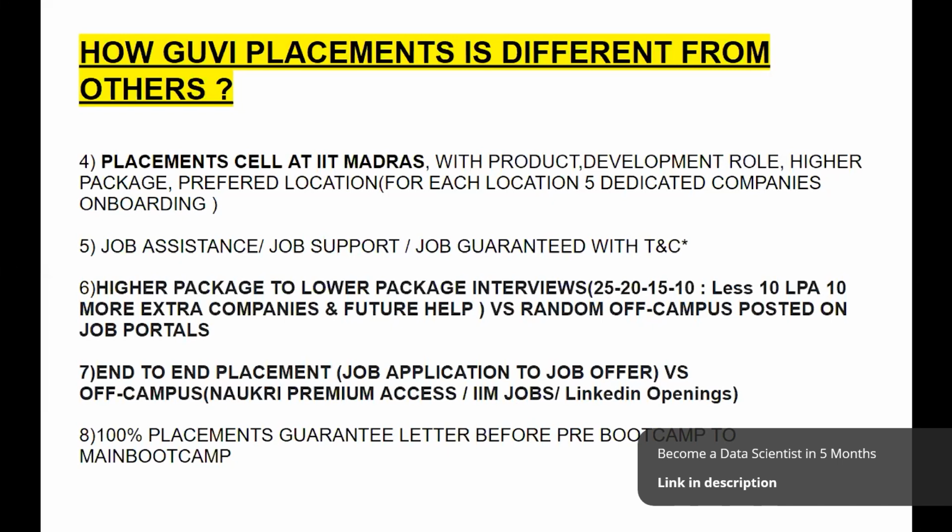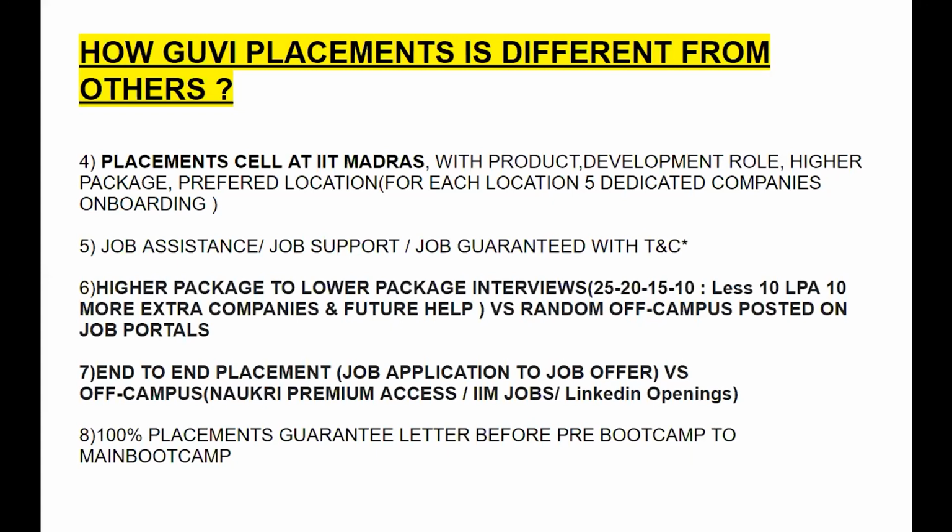So you'll start off from the highest to the minimum. So in that case, you'll not even reject an offer. Another benefit that we are providing you with is, if you're getting placed lesser than 10 lakhs, we are ready to give you 10 more companies of about 10 lakhs basically. So you are given an equal opportunity to crack bigger potential, because we see that potential in you guys and taking it forward.